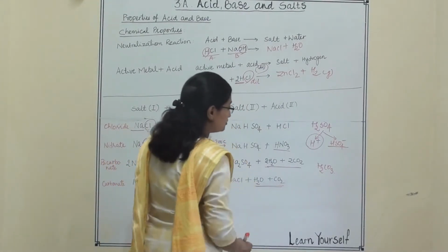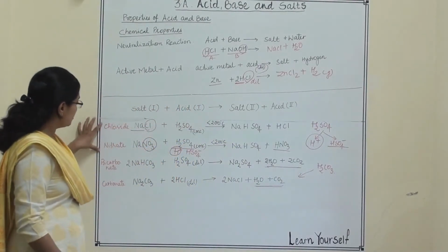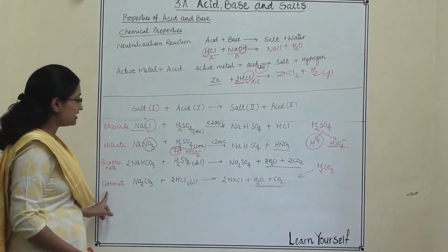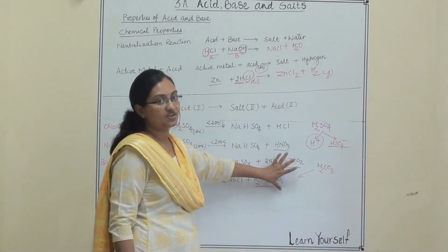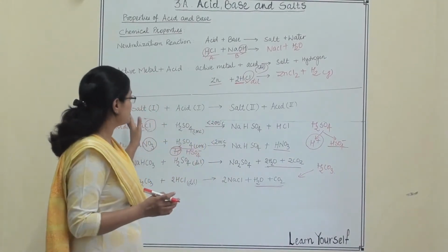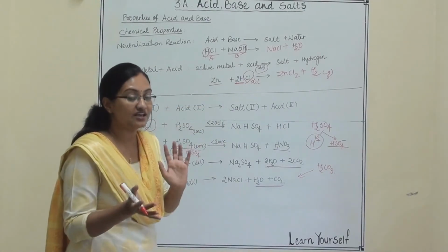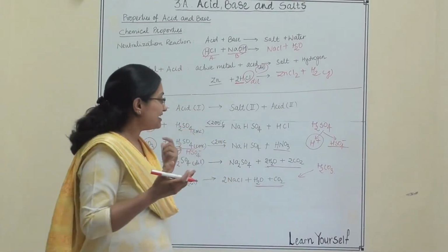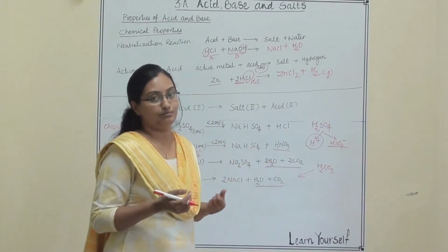These two together give us unstable carbonic acid. So chloride and nitrate give almost the same equations, and bicarbonate and carbonate give salt plus unstable carbonic acid. Always remember, when two reactants are reacting together, especially salt and acid, acid and base, or active metal and acid, they are interchanging their positive and negative radicals. It will help you to memorize the reaction or to guess what product will come.